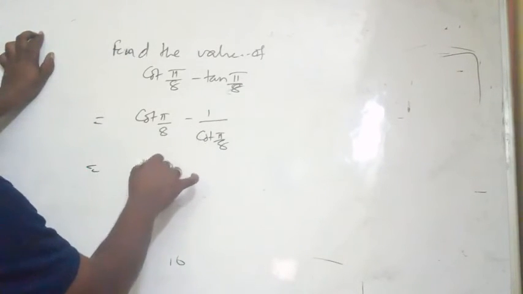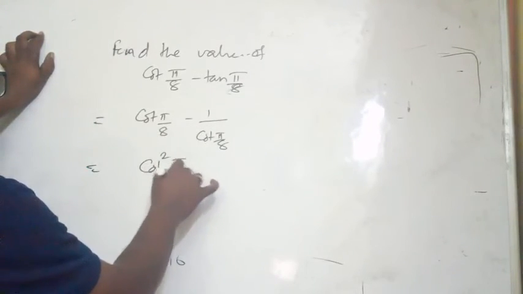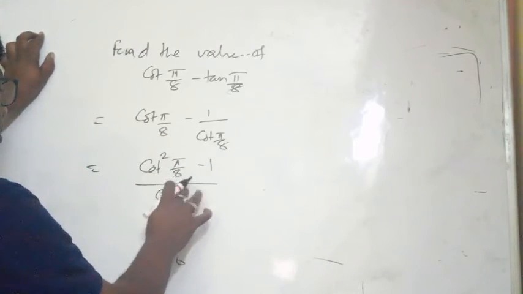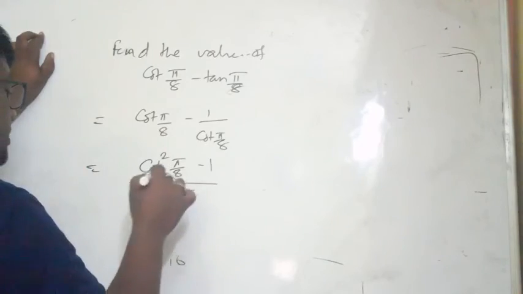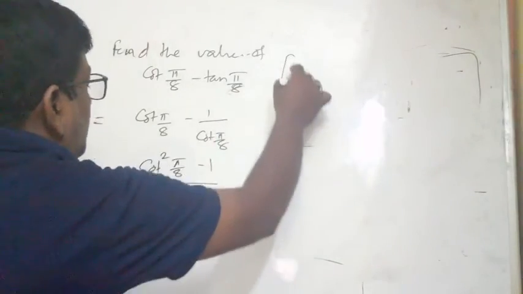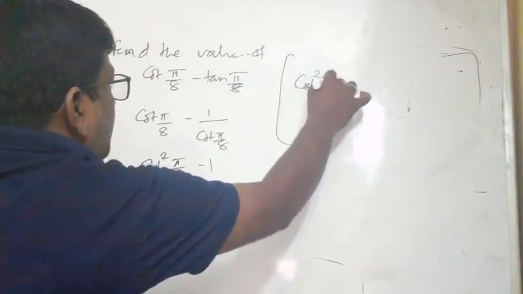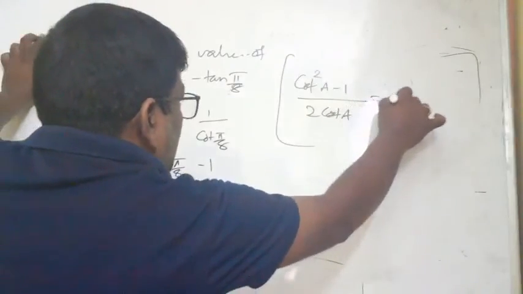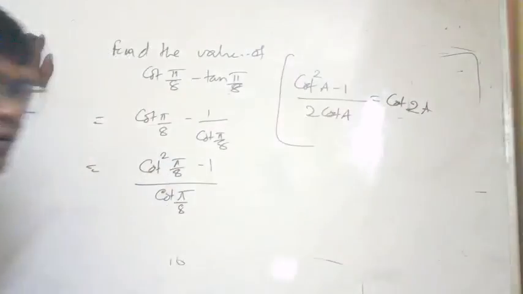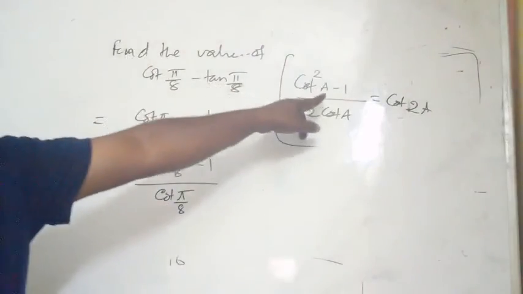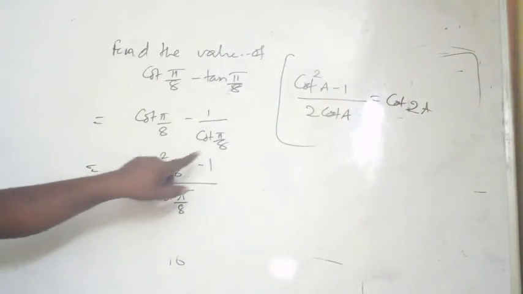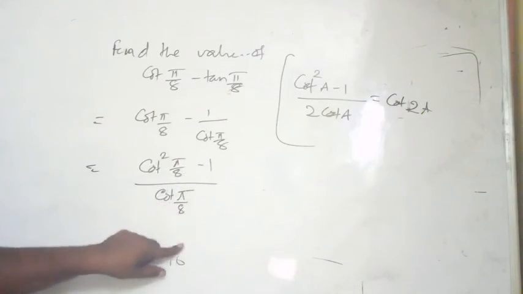This is equal to cot square pi by 8 minus 1 by cot A, where A is pi by 8. We know cot square A minus 1 by 2 cot A is equal to cot 2A.